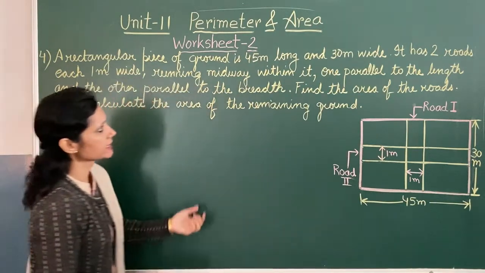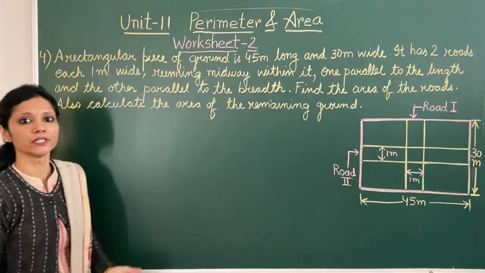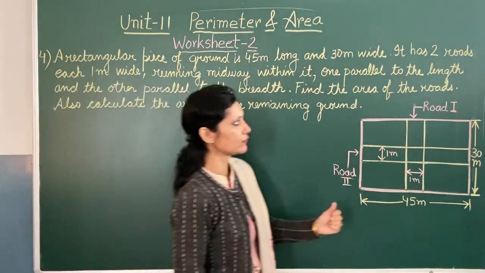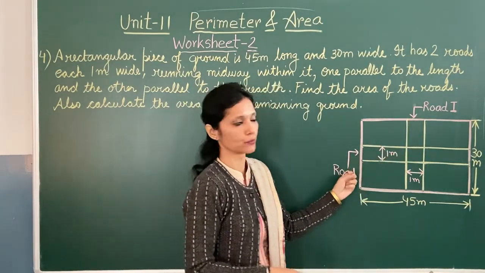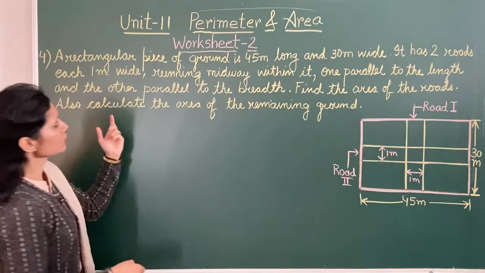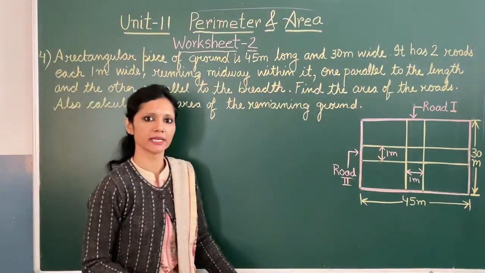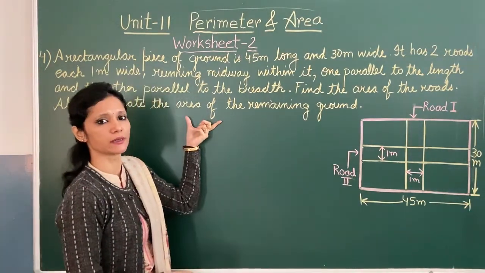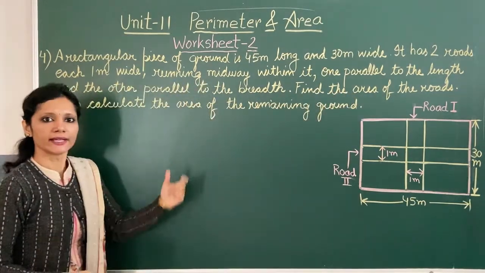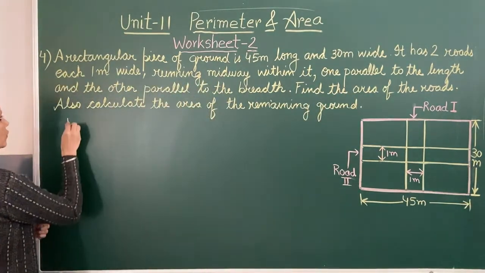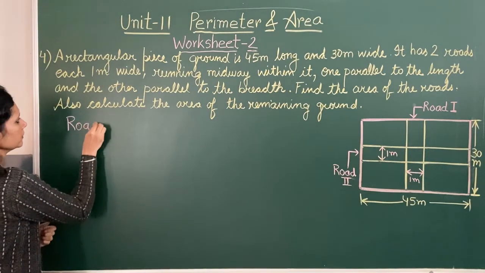Now the question is, find the area of the roads. That means we have to find the area of road 1 plus road 2. Next is also to calculate the area of the remaining ground. We come to this part after we solve the area of the roads. So now let's give the heading as road 1.